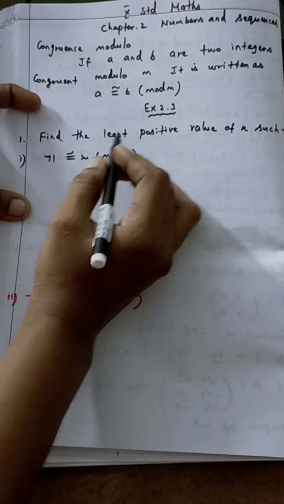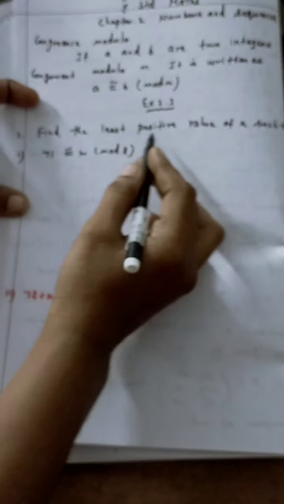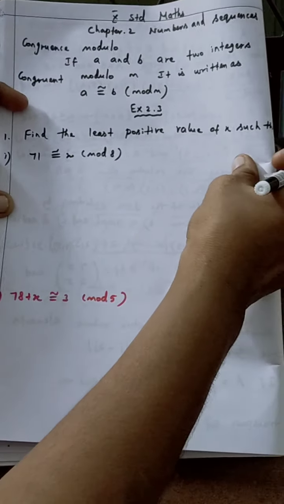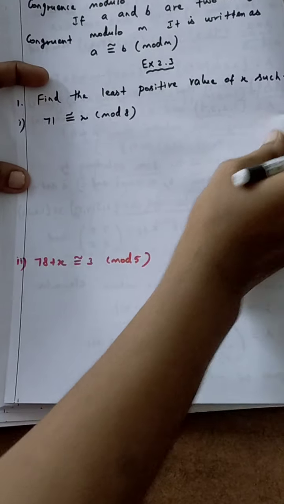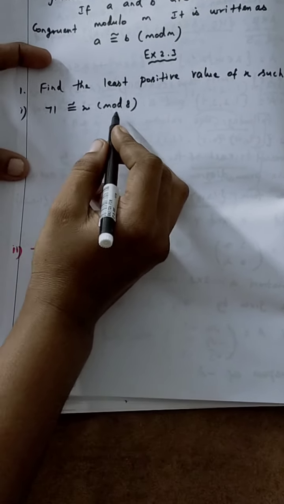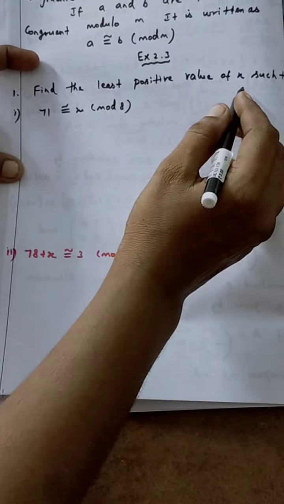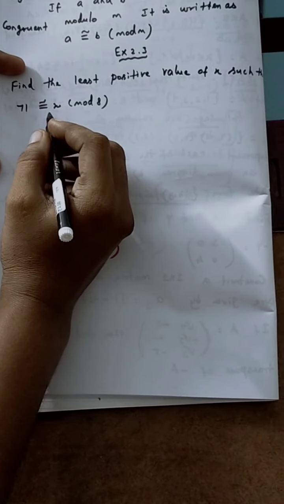So first one is exercise 2.3. First question: find the least possible positive value of x such that 71 ≡ x (mod 8). First find out the least positive value of x, by solving the equation.